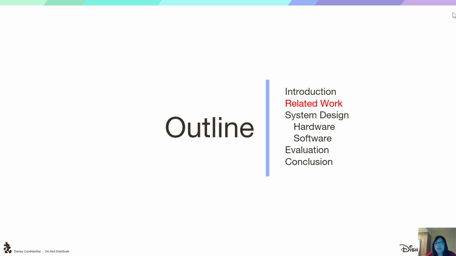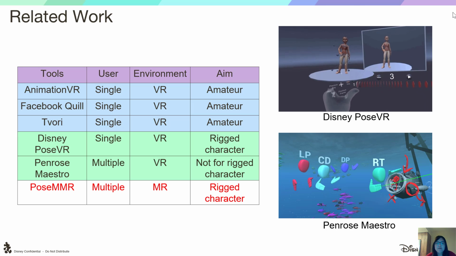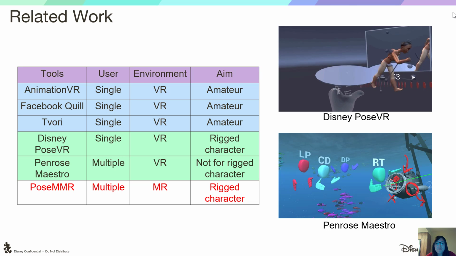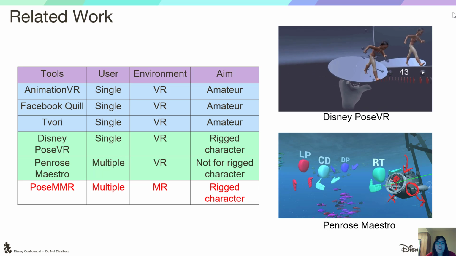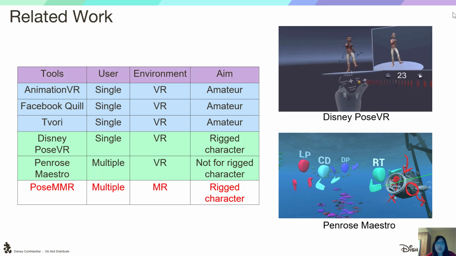Next, let's look at what previous work has been done. Posing characters in immersive environments has become very popular since headsets became relatively cheap, and a lot of companies started trying out character animation in virtual reality, and virtual reality filmmaking became more and more popular.